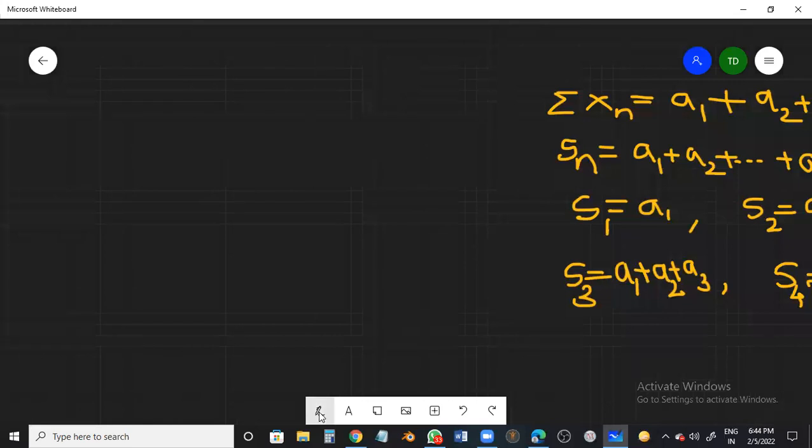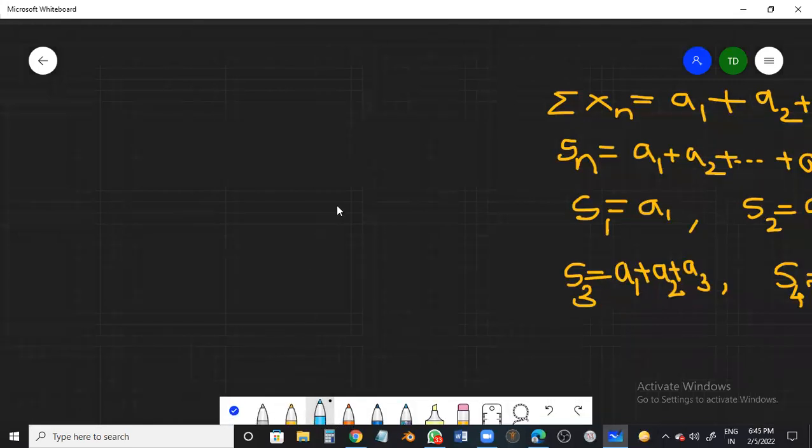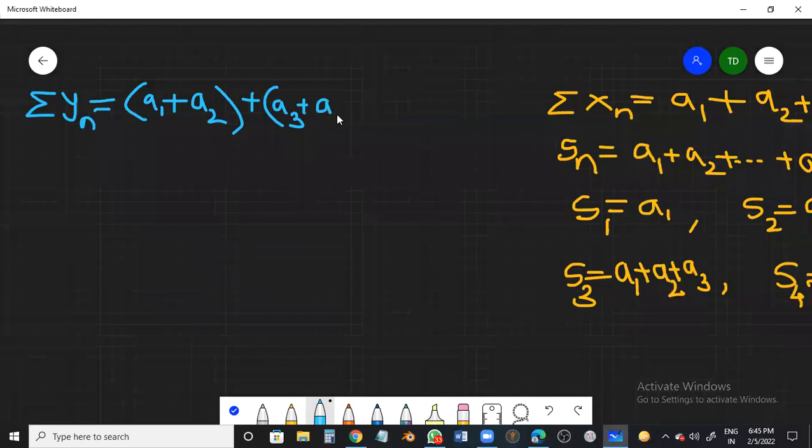Okay, if not, let us go to summation yn. And what is this summation yn now? I have to introduce parentheses. A1 plus A2 is my first term, plus A3 plus A4 is my second term, plus and so on.